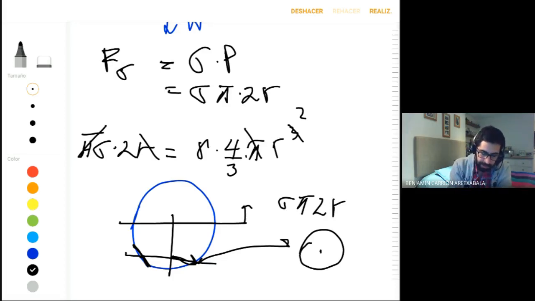Then you can decompose it into a vertical and a lateral force, right? Only that here at the medium point, you only have vertical force. The lateral force is 0.